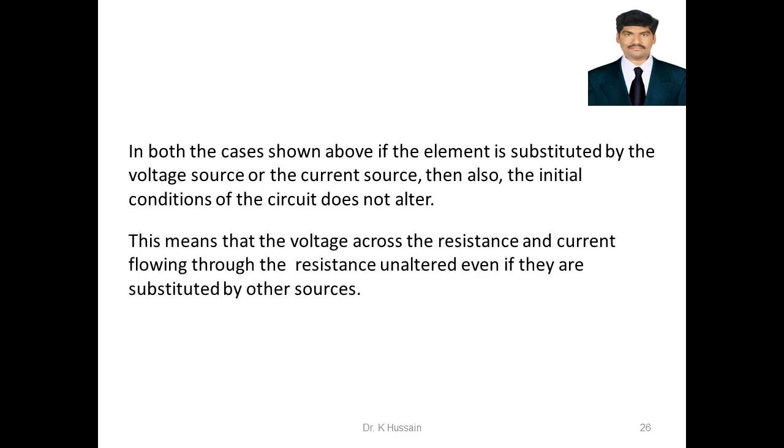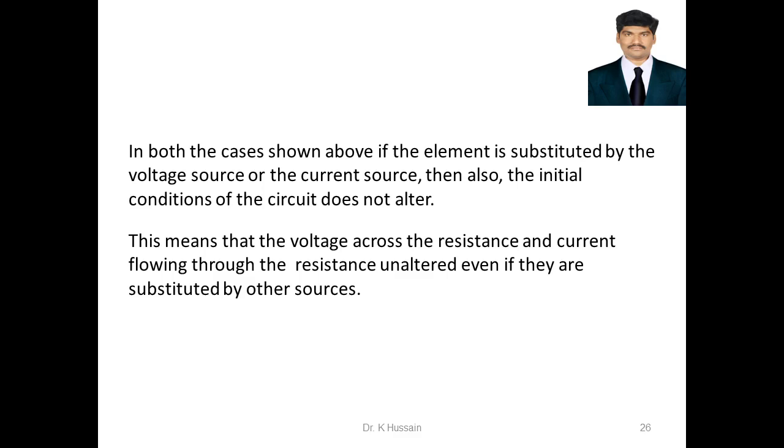This means that the voltage across the resistance and the current flowing through that resistance are unaltered even if they are substituted by other sources. Whatever the branch you are taking, those values should not change. That is the meaning of this.